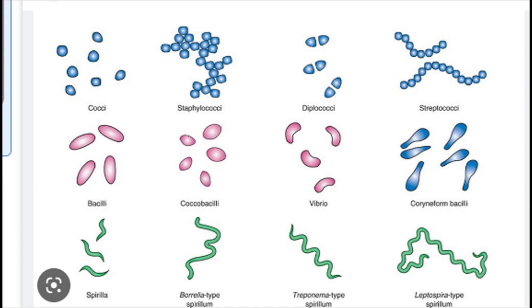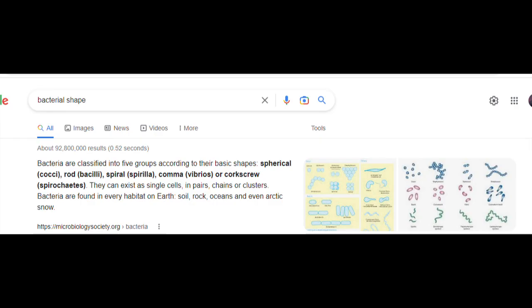Many bacteria can also harbor small extrachromosomal circular DNA molecules called plasmids. The plasmid is capable of autonomous replication.